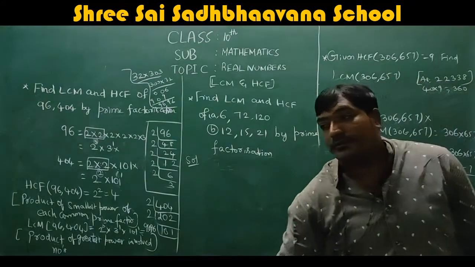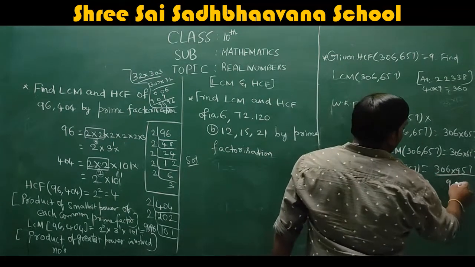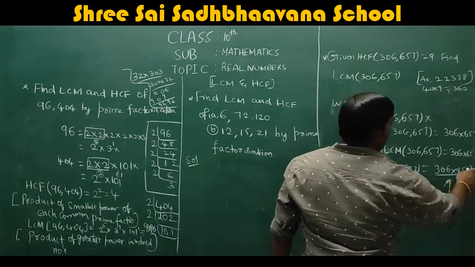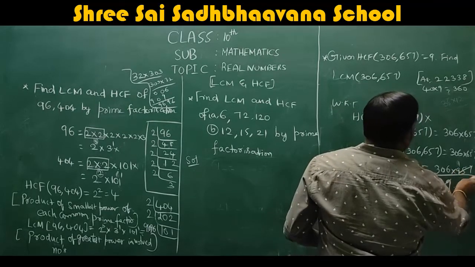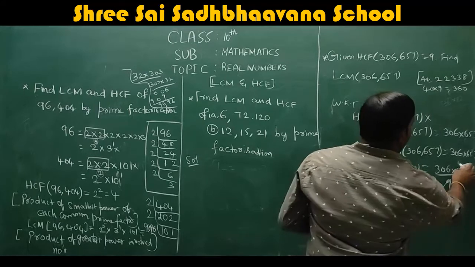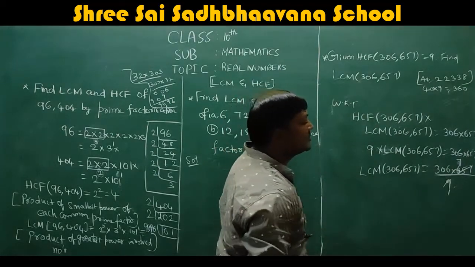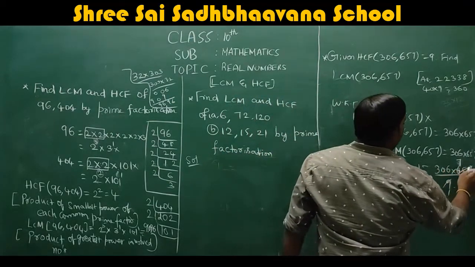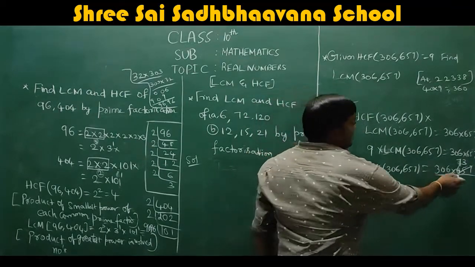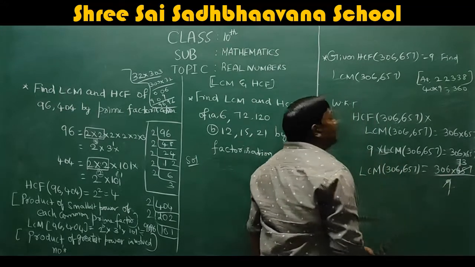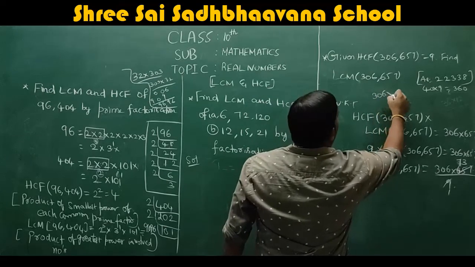So when you get 9 here, what do you get? 9 sevens are 63, and 9 threes are 27. You can cancel using the 9 table. So 9 sevens are 63, you'll be left with 27 9 threes are 27. So just multiply 306 into 73.